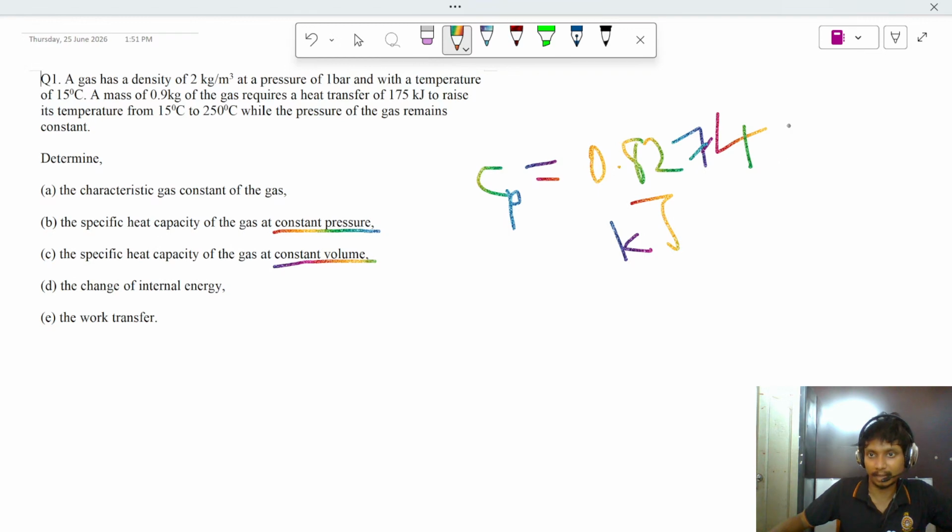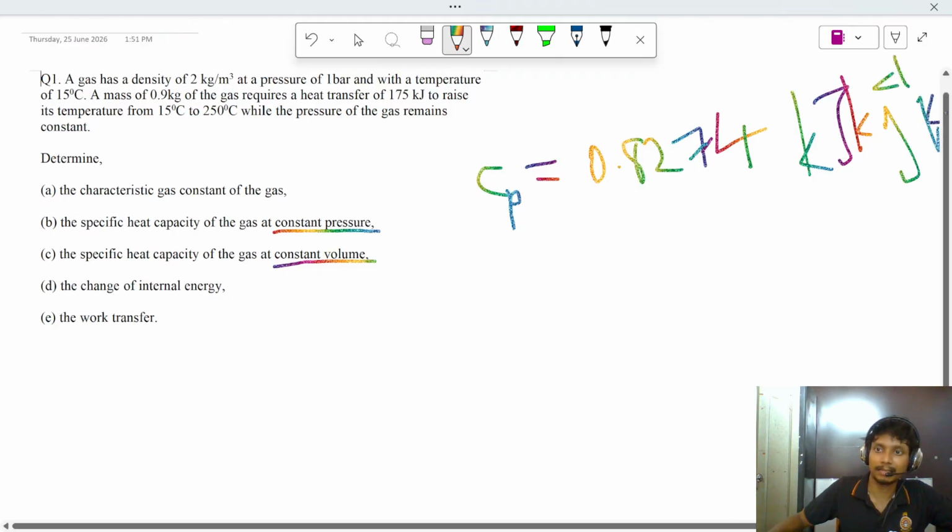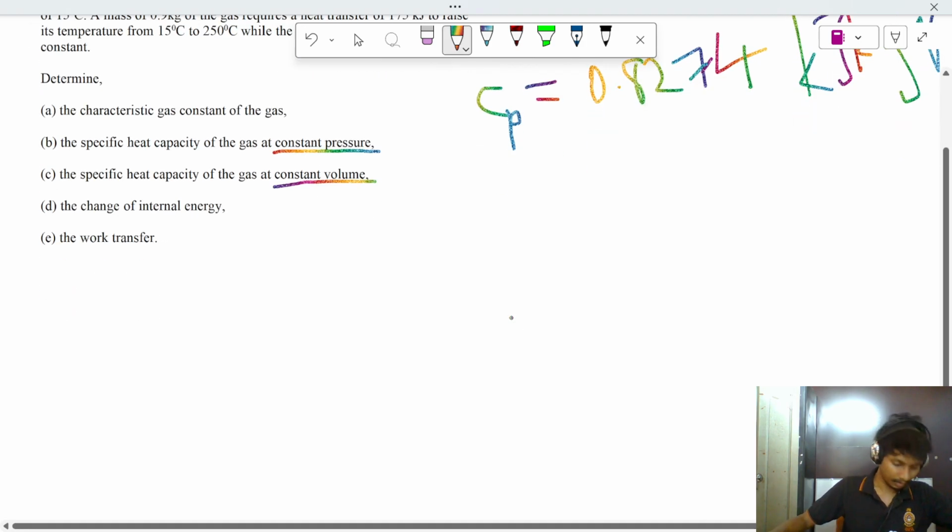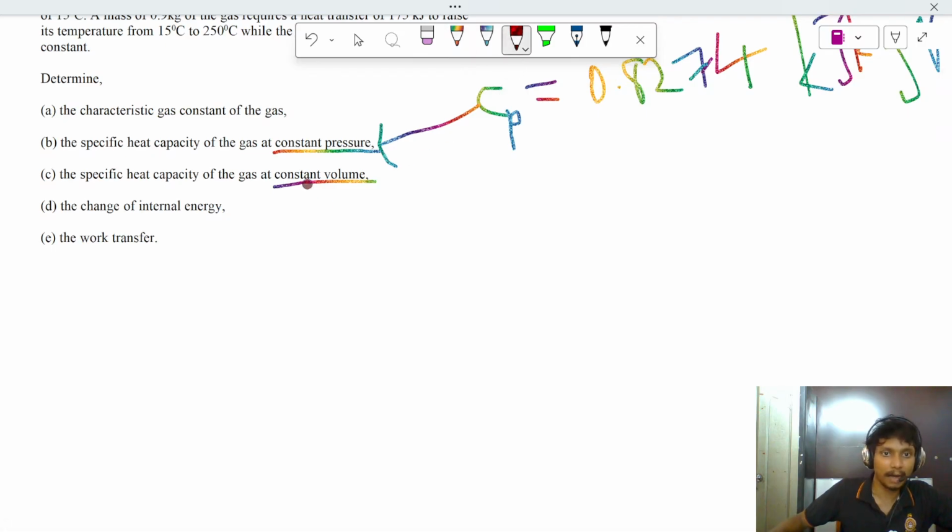Kilojoule kilogram minus 1 Kelvin minus 1. This is the answer of part B. Now we have to discuss part C, the specific heat capacity of the gas at constant volume.